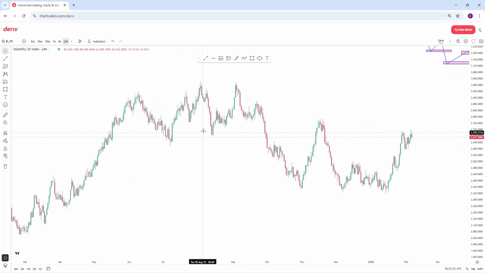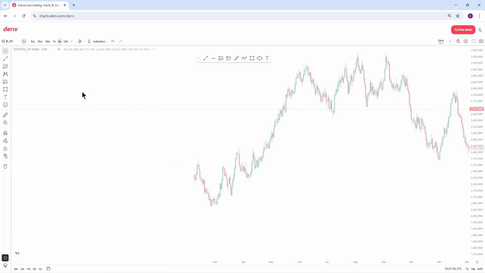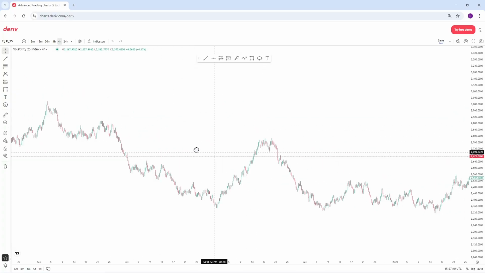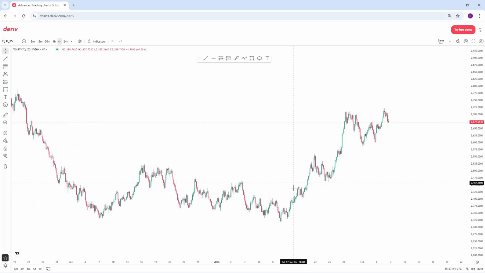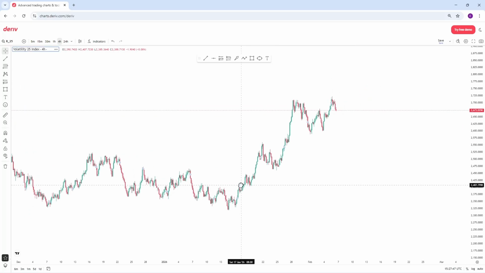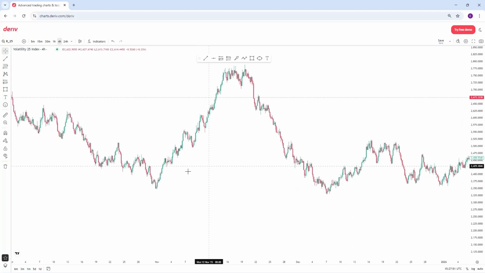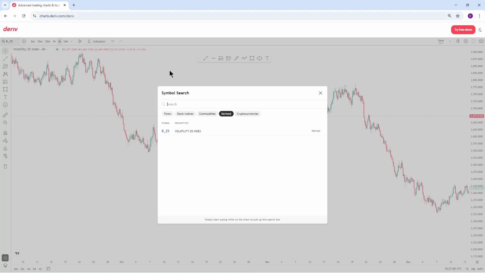I'm just going to start with these volatility indices. Let's check here. Matter of fact, let me go to USD JPY.